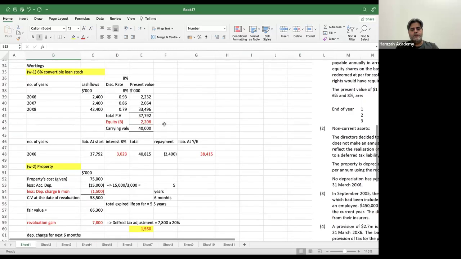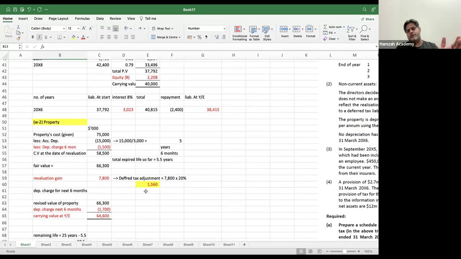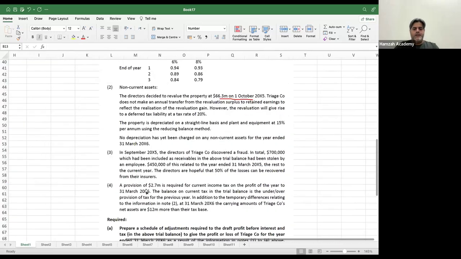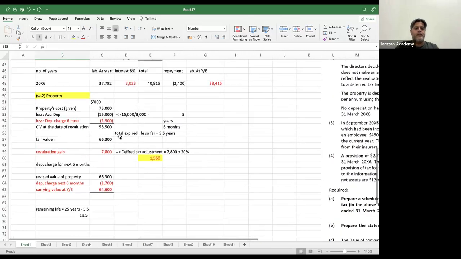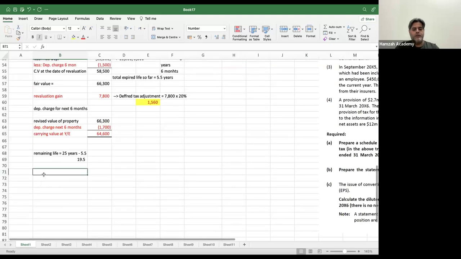So, and then we have this deferred tax complication over here. So we'll do this point when we are going to do the working for the deferred tax. Then it says the property is depreciated on a straight line basis. We have already done that. And plant and equipment at 15% per annum using the reducing balance method. Now I'm going to go with the plant and equipment over here.